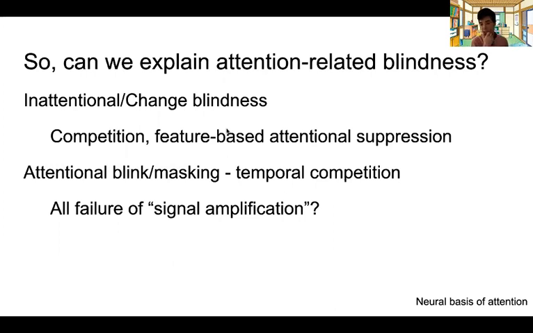Like in the initial change blindness, you saw a natural scene, and the natural scene itself contains lots of people and objects like cars, grass, and things like that. And in the case of change blindness, you don't know what to attend.